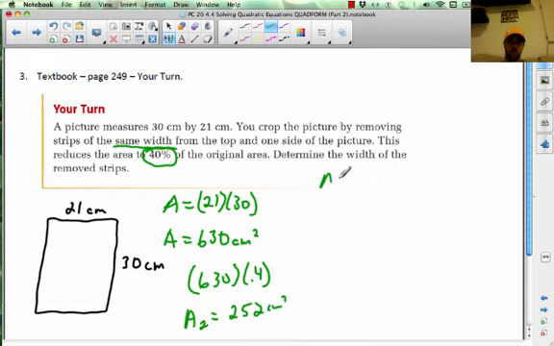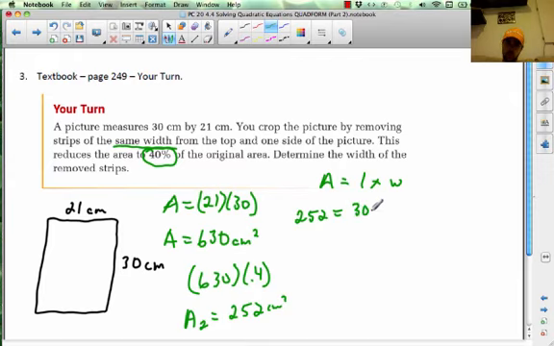Now, area equals length times width. And what we did here is we found this area, 252, by taking 30 centimeters minus our unknown width of strip, which is x, and we took 21 centimeters minus the same unknown width of strip.